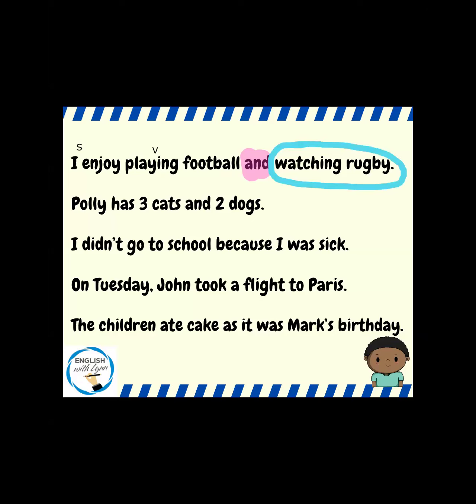I've got the verb, but I don't have a subject. So this first sentence, although it has the conjunction in it, it is still a simple sentence, okay? Because there is no subject in the second main clause. There isn't a second main clause.